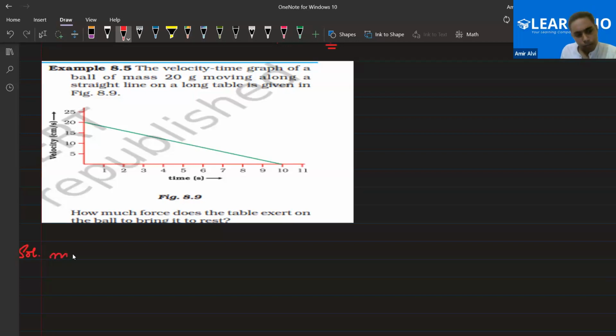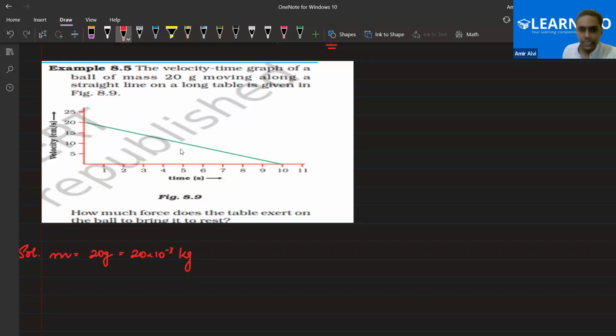Mass of the ball is 20 grams. It is not an SI unit, so I will write 20 × 10^-3 kg, just for simplification, along a straight line on this table.